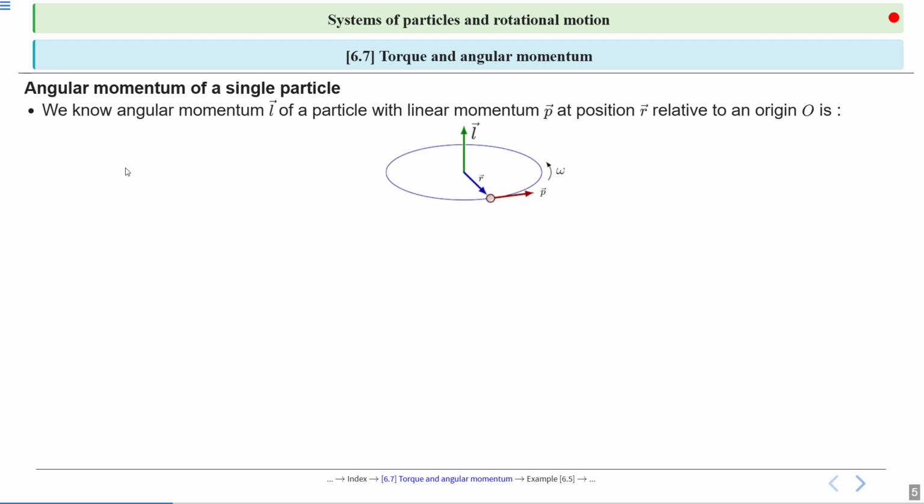So the angular momentum of a particle with linear momentum p at a position r relative to an origin O, we can denote mathematically as L equal to r cross p. Here angular momentum shows how fast it is rotating. So the mathematical term is L is equal to r cross p.